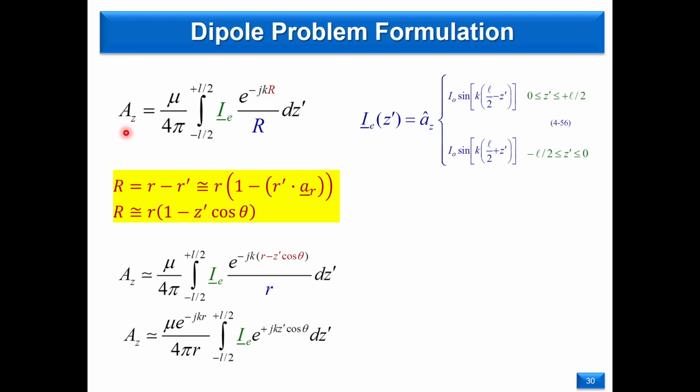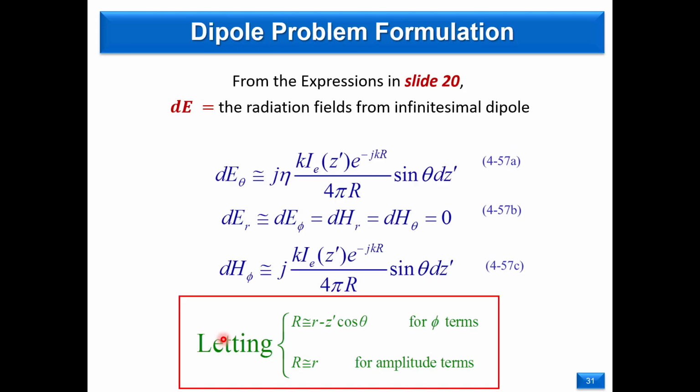So now the A_z would have this expression, integrating from minus L over 2 to L over 2. The current distribution here is not constant, it's a function of position, and this is the expression on the upper arm and on the lower arm. So the integration here will be decomposed into two components.